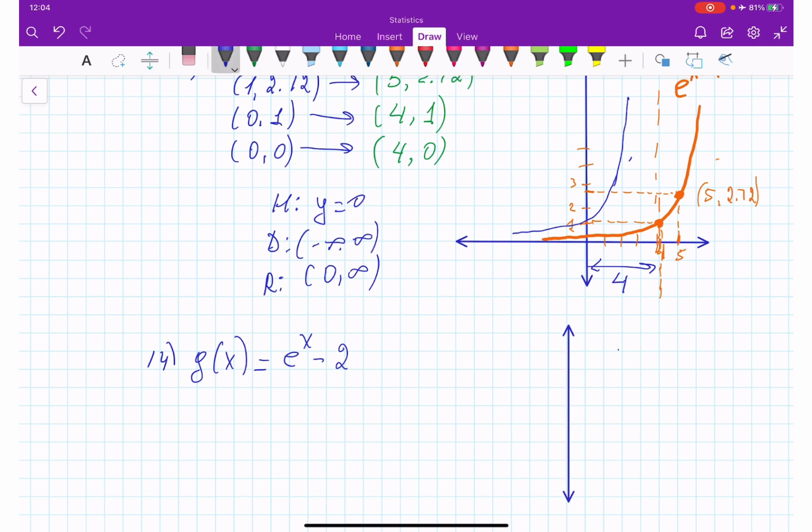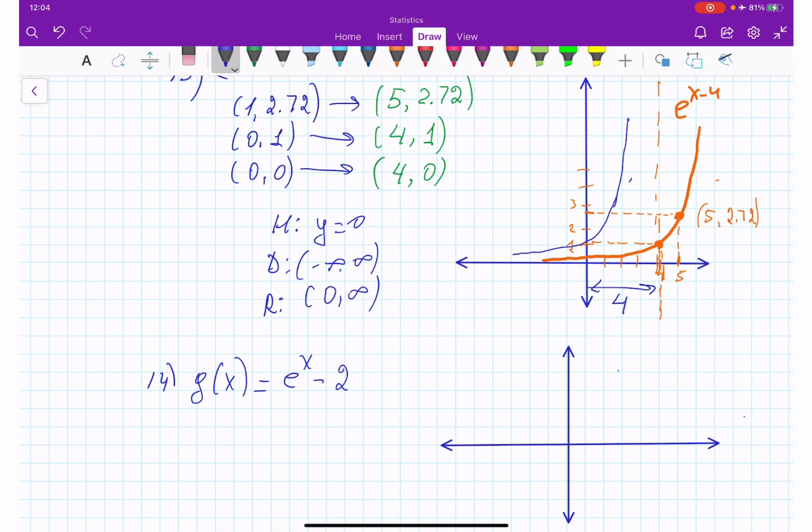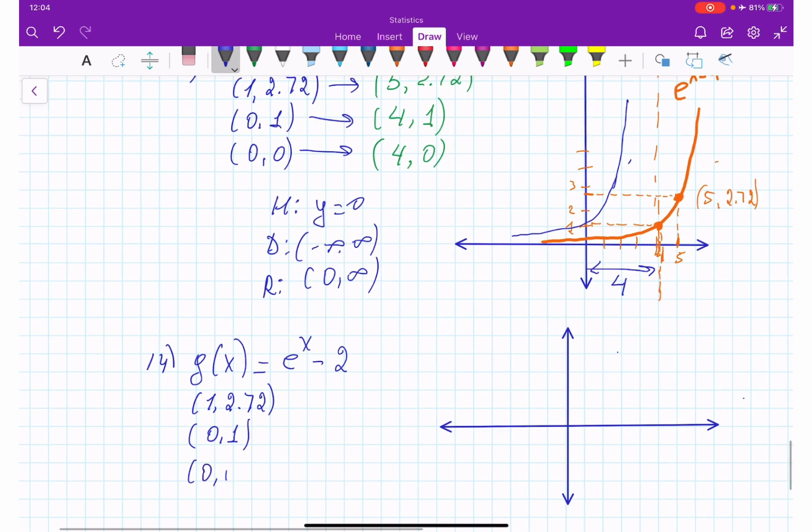This one. And this one. Again, using same points, 1 and 2.72, and then 0 and 1, and then 0 and 0.